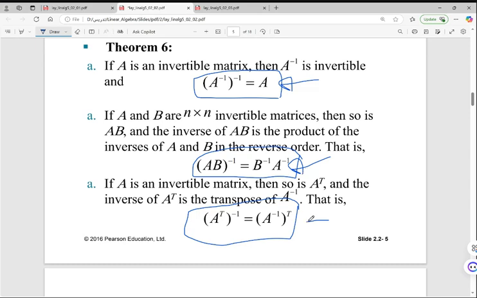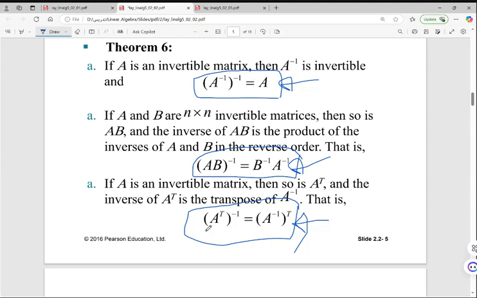And the third point is that you can exchange the place of transpose and minus 1 if they are after each other. If you have A transpose and then minus 1, you can write it as A minus 1 and then transpose. The key point is that minus 1 and transpose should be immediately after each other.